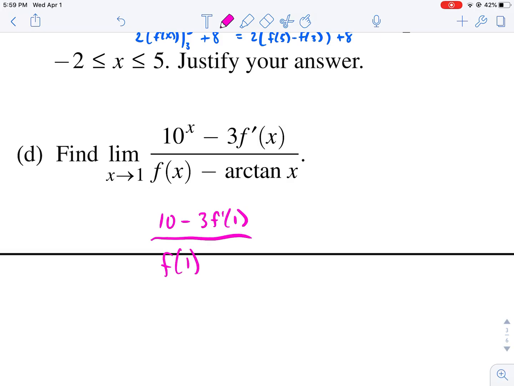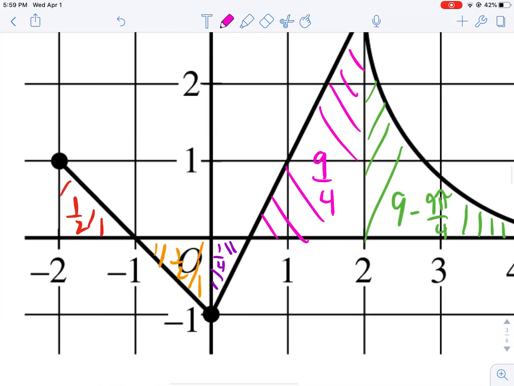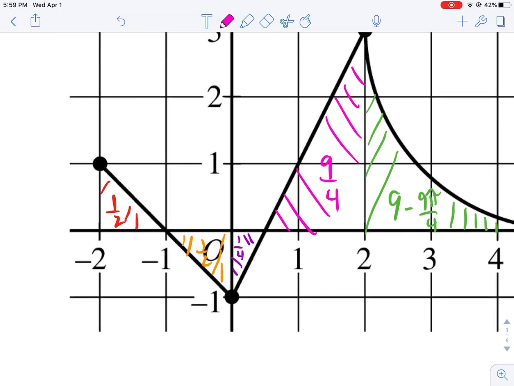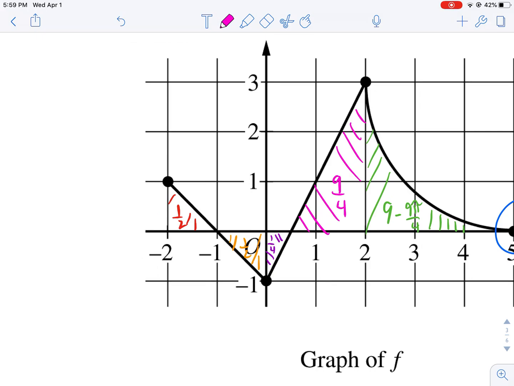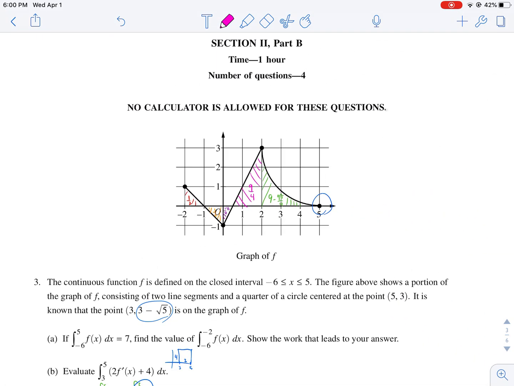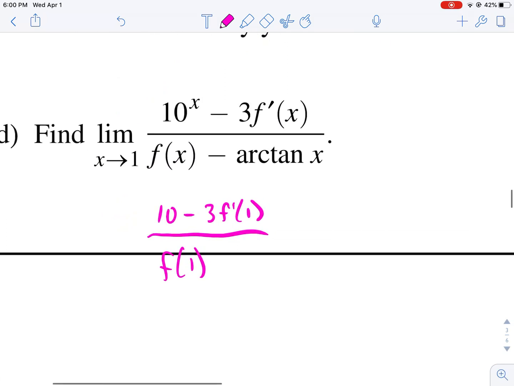over f of 1, which is a y value we can get from the graph, which happens to be 1. Again, you should never guess those points. You should find the equation of that line and actually know what that point is. And then remember, arctan means tangent inverse, so the angle whose tangent value is equal to 1 is something you should know to be pi over 4.